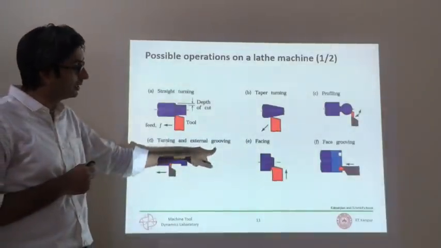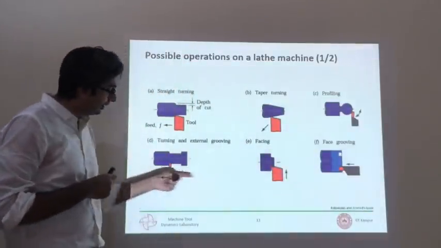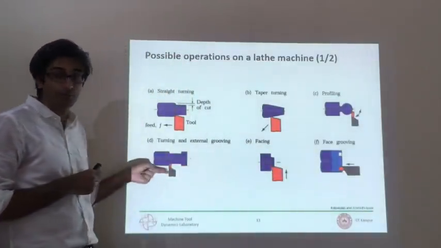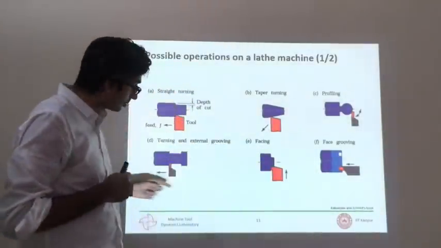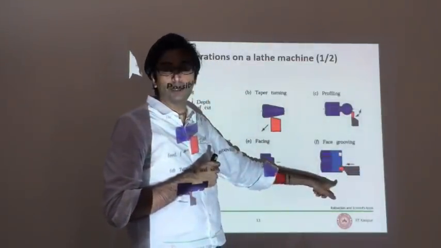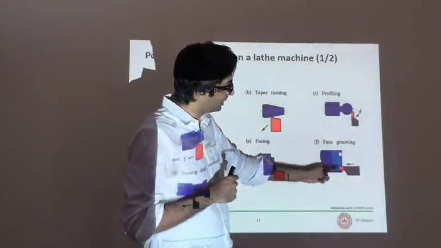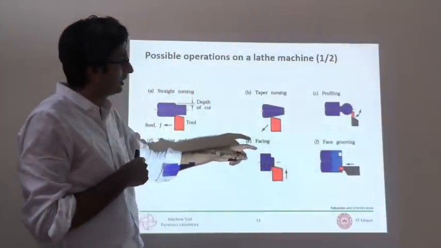Like you can do external, you can also do grooving on the face. In this case, the feed motion is along the axis of the workpiece, the rotational axis. In this case, the feed motion is also along the axis, but the tool is indexed 90 degrees. This is a face turning operation. These grooves that you see that are made here, there is an axis of rotation which should have been shown.